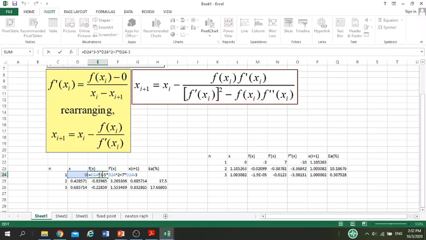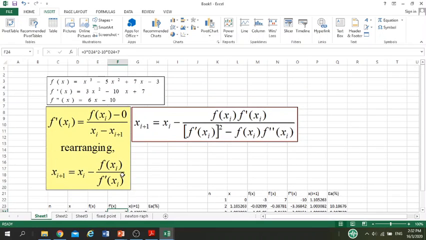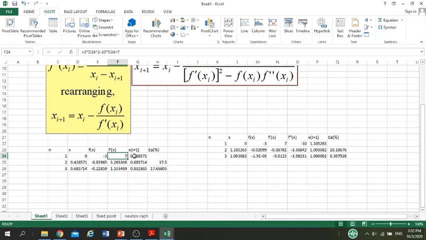I have already written down the formula here in my Excel cell. And then for f prime x, we have to differentiate the original function. The differentiated form of the original function is 3x squared minus 10x plus 7, right?